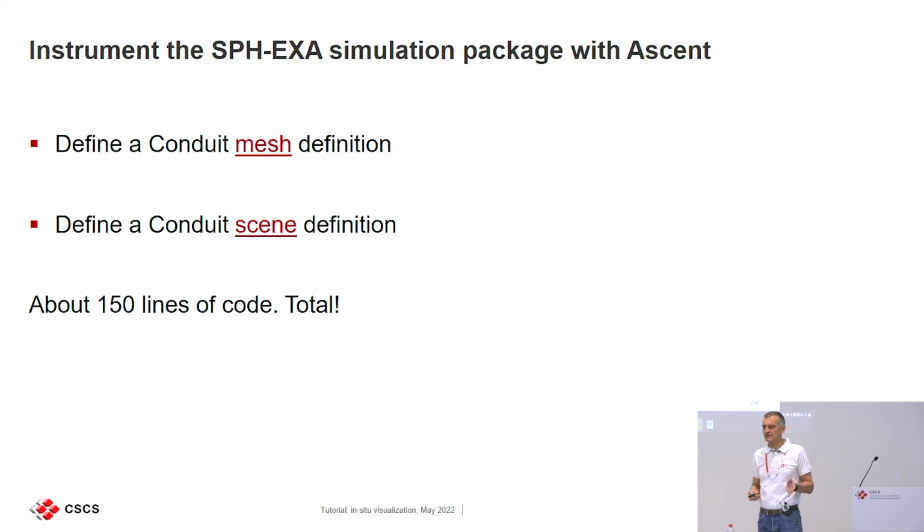Based on this conduit interface, the ability to define this hierarchy of actions and scene in a very simple manner, we put together basically an interface which enables visualization with very few lines of code, a couple of pages of code in this example.